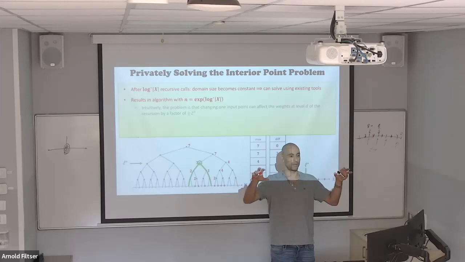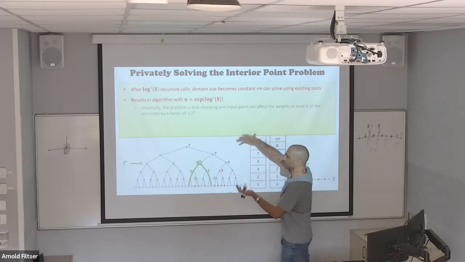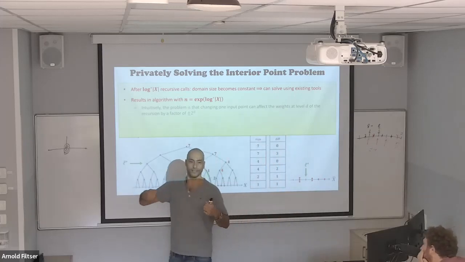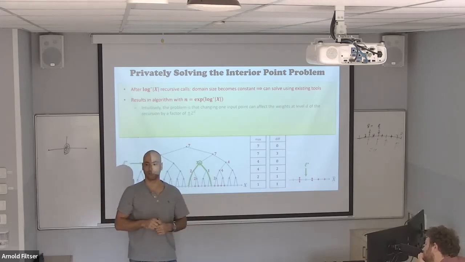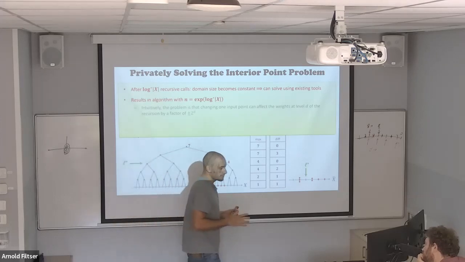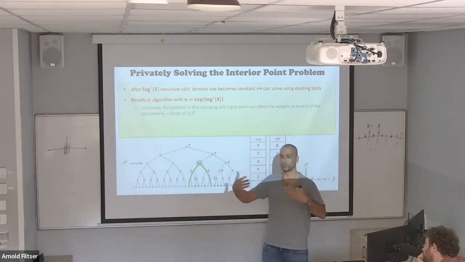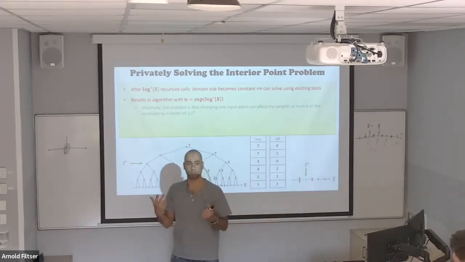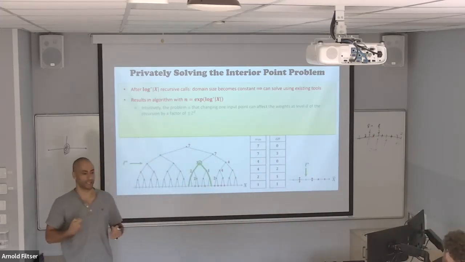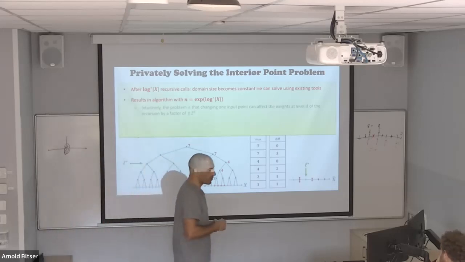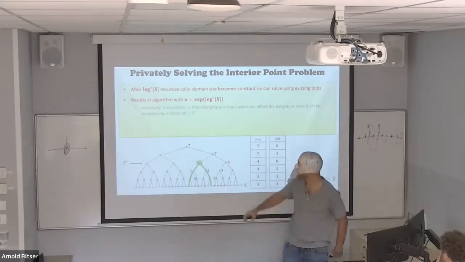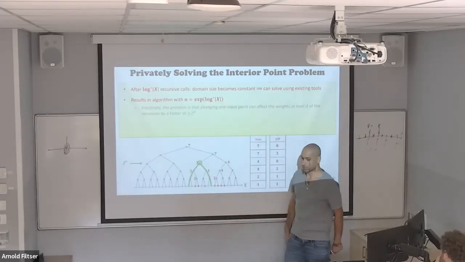If each of them changes by 1, then the difference could change by 2. That would determine the weights in the next iteration, and then again, 1 point would affect the weights in the next iteration by 2, and then the differences table in the next iteration by 4, and so on. And that's the problem. That's why when we reach the end of the recursion, we have a domain of constant size, but the effect of every single original input point is large, exponential in the number of recursive calls, and that's why I end up with this bound on n with this algorithm.